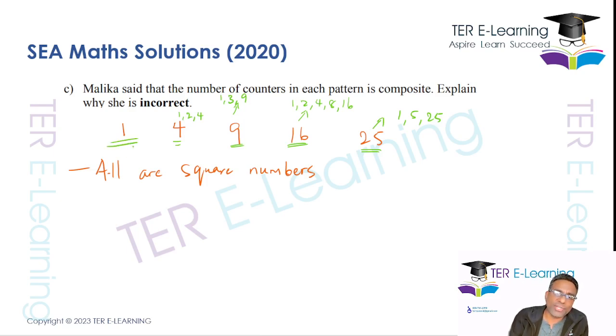However, when we reach here, this is not a composite number, because the only factor we have in this case is 1. So therefore, 1 is not a composite number. So she is incorrect in terms of what she said, because 1 is not a composite number.